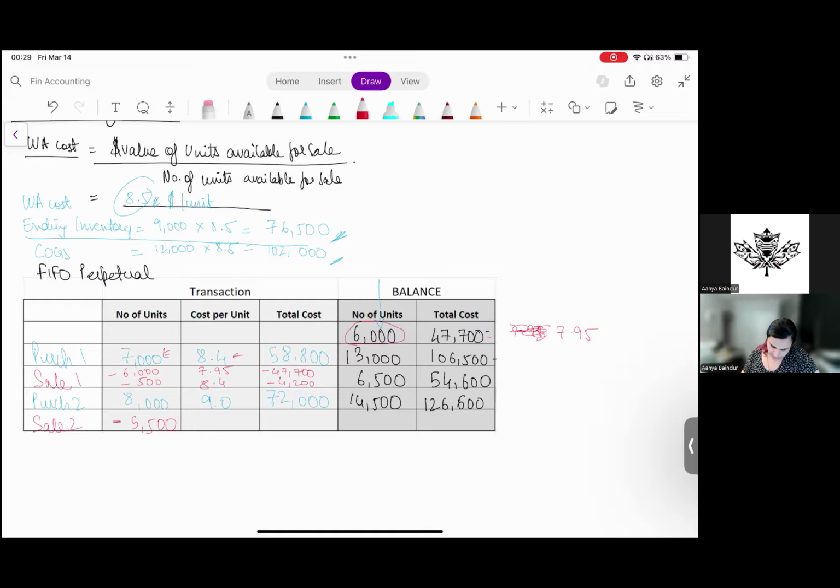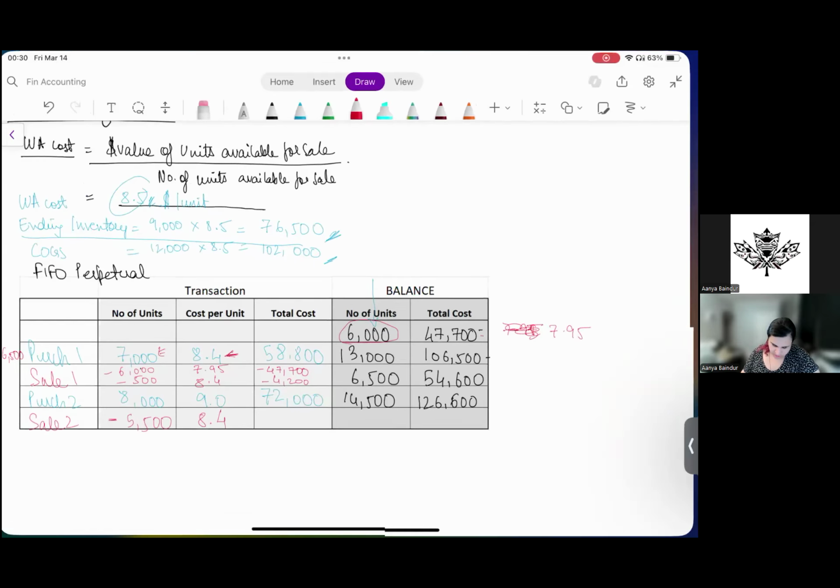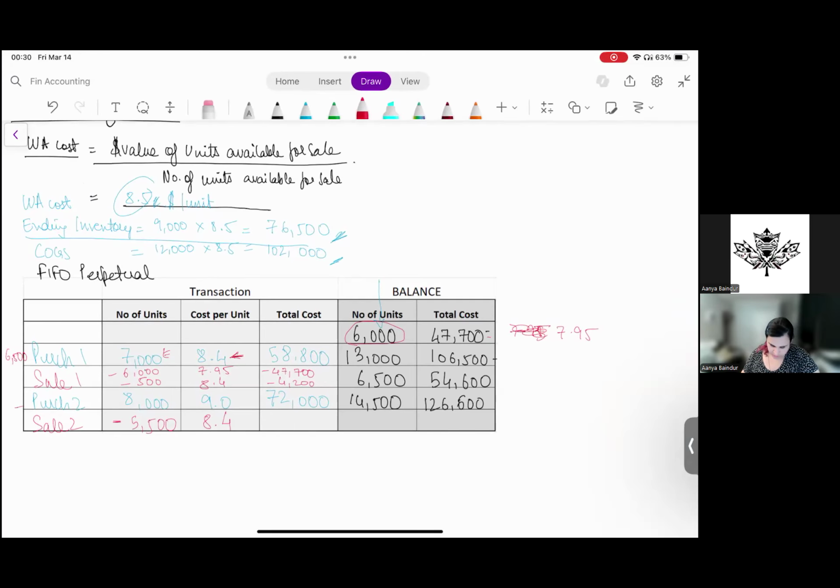Now, we sold 500 of these units, right? Which means now there's 6,500 here remaining. Out of that, we're selling 5,500. So the price for this 5,500 will be this 8.4. And since we have more than enough, we are able to just use this transaction and we won't be eating anything into purchase two. So all of this fits into purchase one. So 8.4.